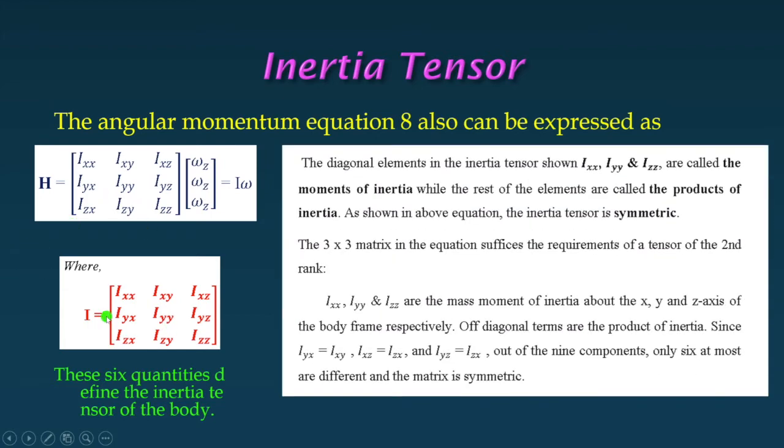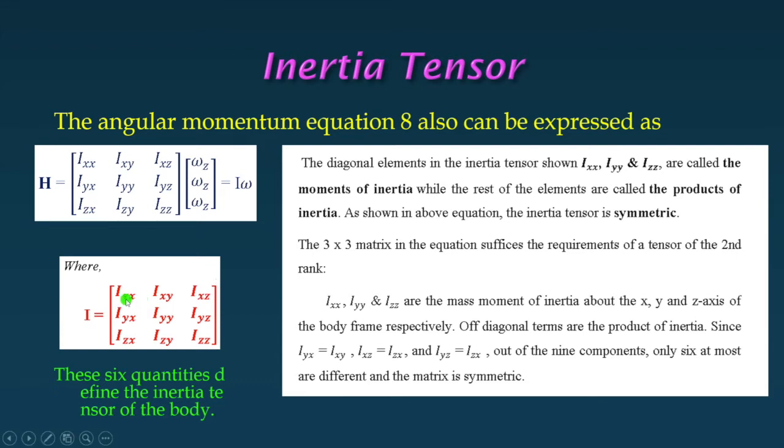Then this I, which is the 3 by 3 matrix, is known as the inertia matrix, and this matrix is called the inertia tensor.